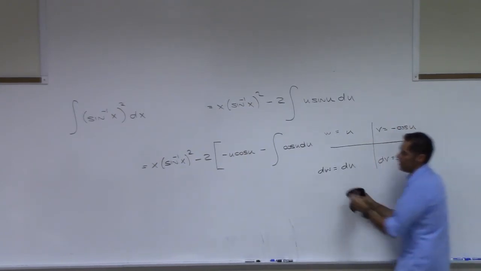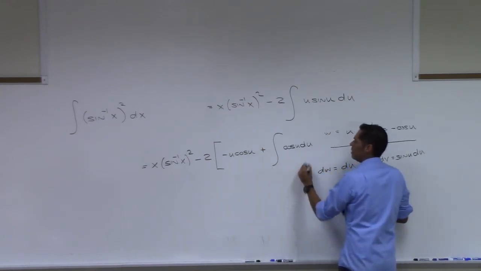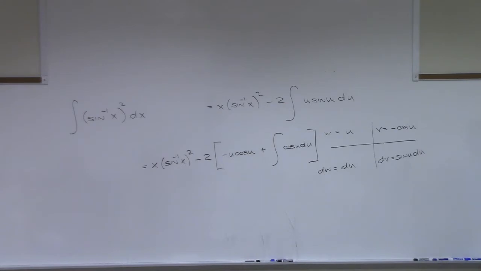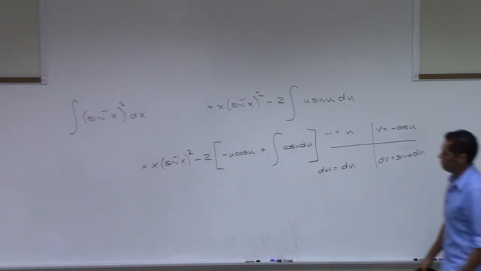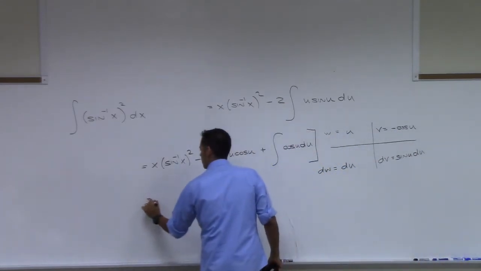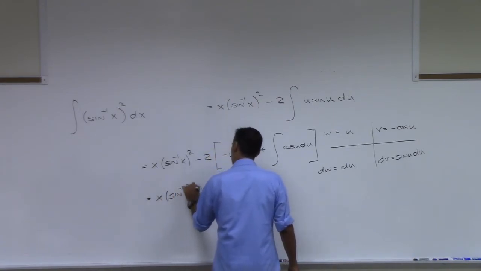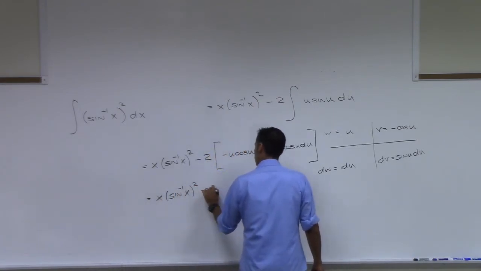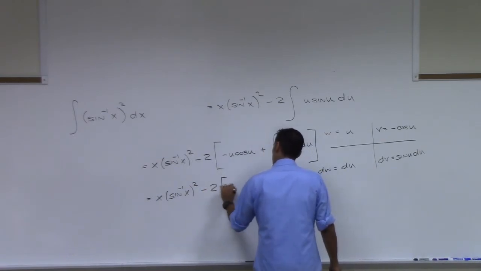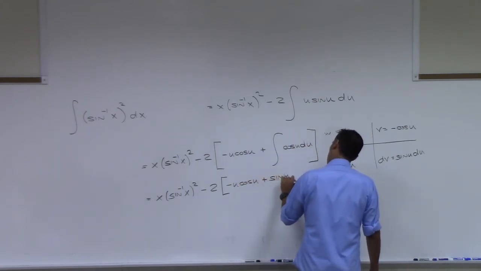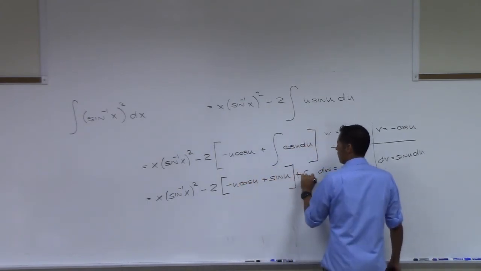So it's going to make that integral a plus. And then I can close that out. And we know the antiderivative of cosine. So this is going to be x arc sine of x squared minus 2 times negative u cosine u plus sine u plus c.